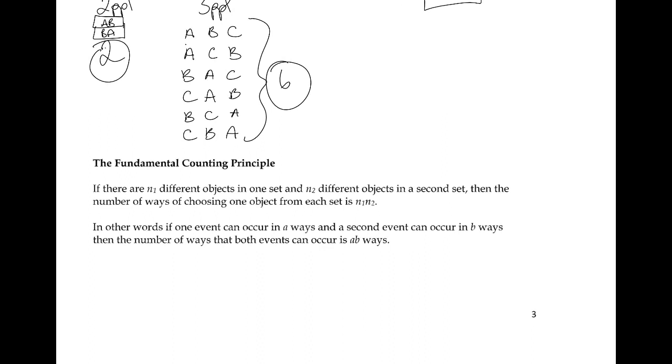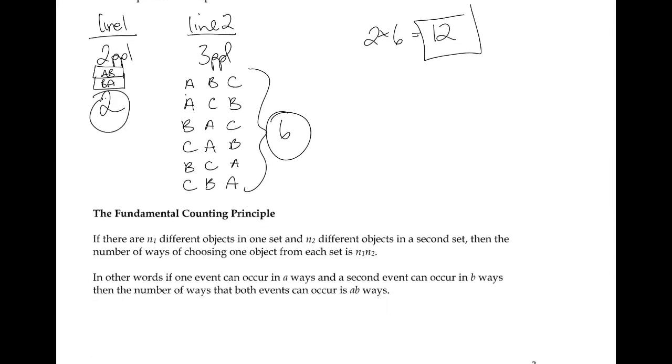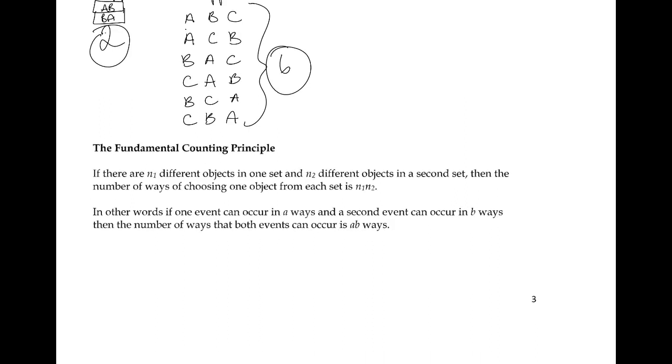So, what is the fundamental counting principle? Well, that's the fundamental counting principle. We'll put some math jargon to it. So the fundamental counting principle is if there are some number of different objects in one set and some number of different objects in a second set, okay, and the key thing is that they are different objects, then the number of ways of choosing one object from each set is done by multiplying them.